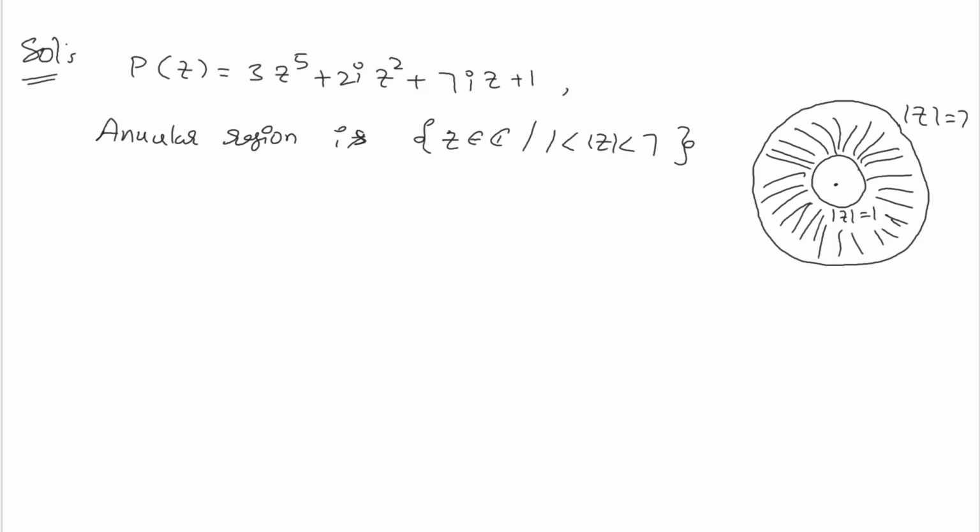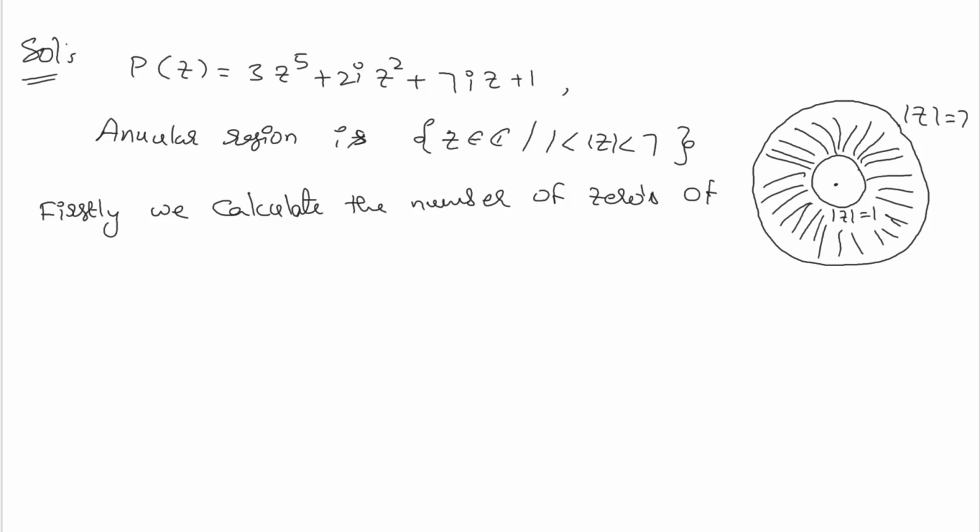So for this, first of all we calculate the number of zeros of this polynomial p of z inside mod z equal to 7. So firstly we calculate the number of zeros of p of z, the given polynomial, inside mod z equal to 7 by using Roche's theorem.